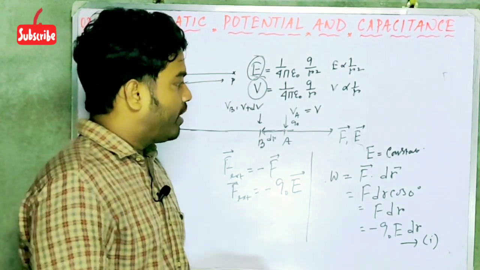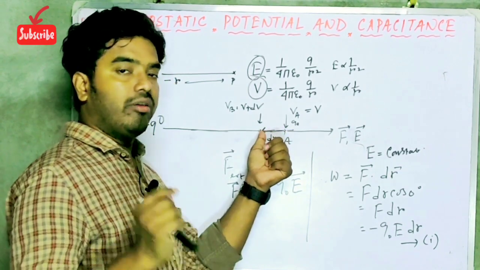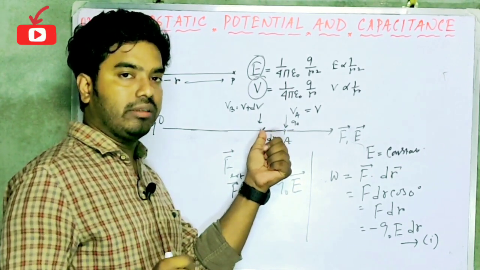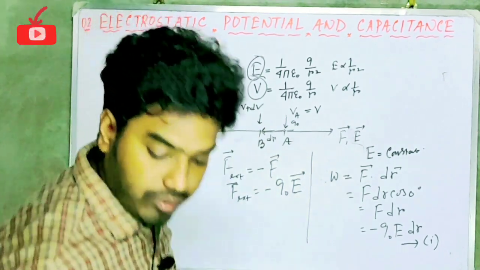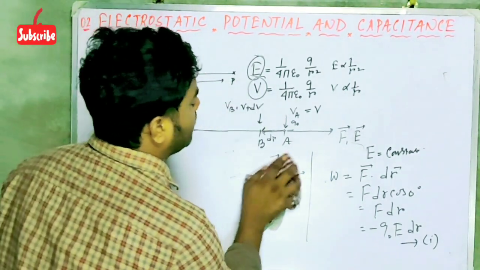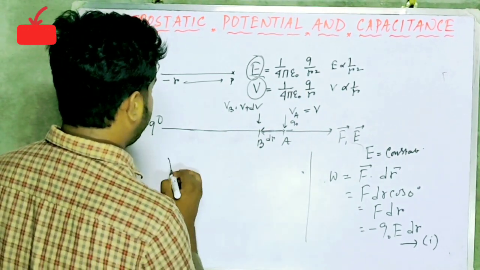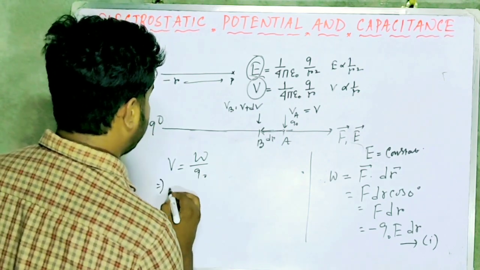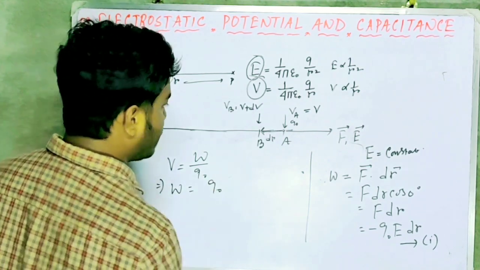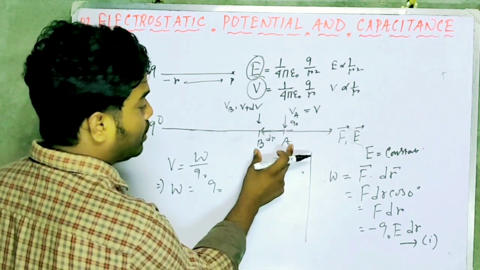Again, if we take a test charge Q naught from A to B, there will be another form of work done according to the second chapter. You know the formula: electric potential V is equal to work done by test charge. So work done is equal to test charge into potential. But here there is a potential difference between 2 points.